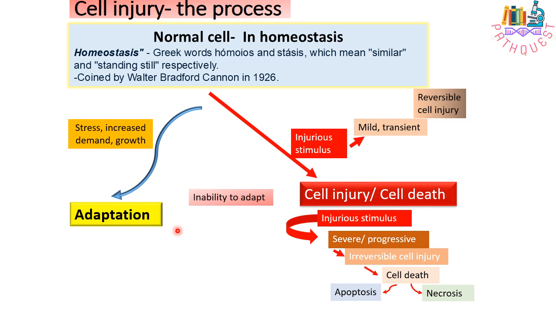And this inability to adapt will also result in cell injury. So, cell injury can occur due to injurious stimulus which is mild or transient, injurious stimulus which is severe or progressive, and inability of the cell to adapt to increased stress.